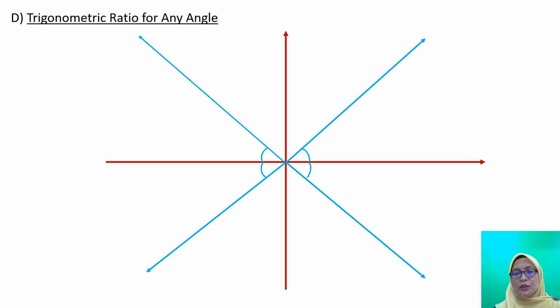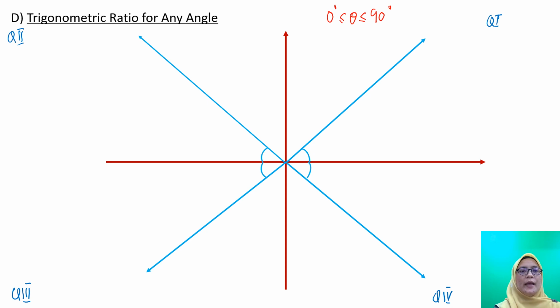Okay, so now kita tengok untuk trigonometric ratios for any angle. Okay, so kita ada 4 quadrant. Okay, so ini kuadran 1. So this one is quadrant 2. So this one is third quadrant. And this one is fourth quadrant. Okay, so first quadrant ni angle theta is in between 0 to 90.